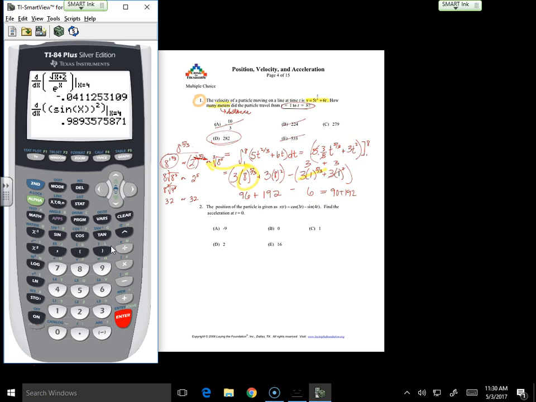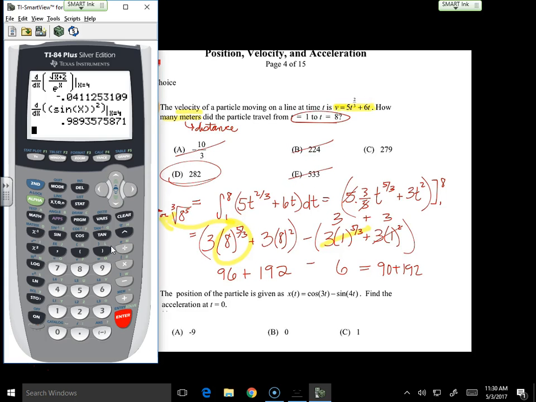How would you find displacement? Would you just do the separate, would you just do the vector? How many meters did this particle travel? Should this have been total distance traveled then? What would the answer key say? My answer is right. Maybe there's no intersection between 1 and 8.